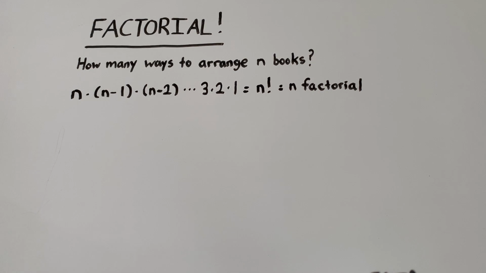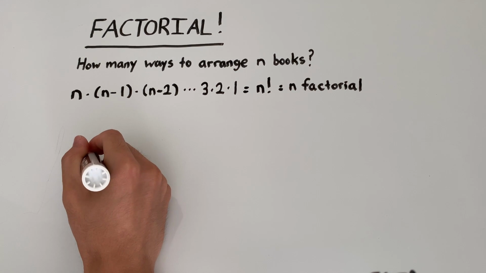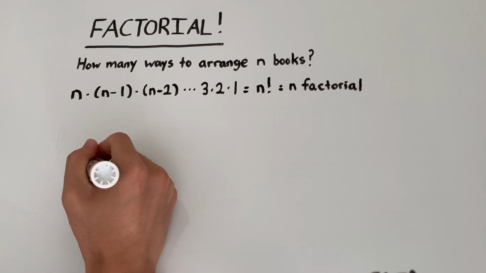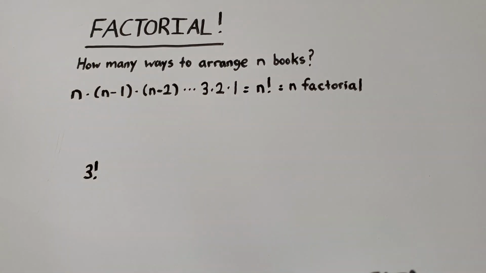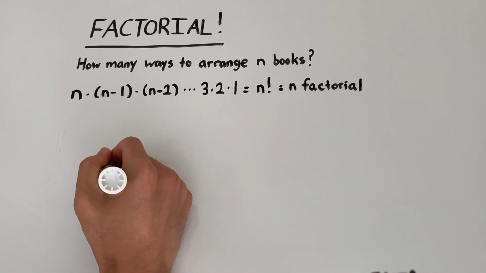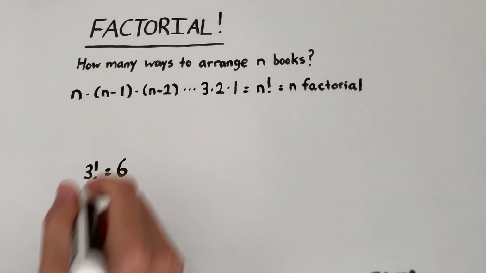So if we think back to our previous examples, when we asked ourselves how many ways we can arrange 3 books on a shelf, that answer is just 3 factorial, which is 3 times 2 times 1, which we found is 6. So 3 factorial is 6.